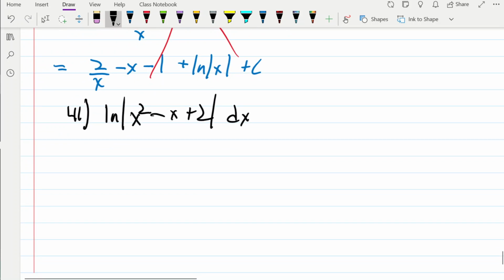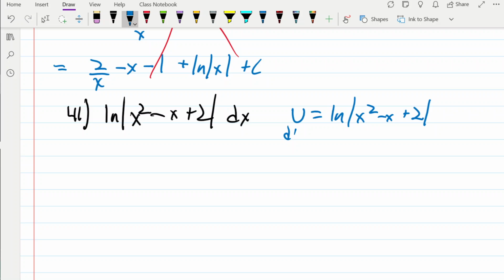So instead what I think is supposed to happen is we're going to set u equal to the ln of x squared minus x plus 2, and then we're going to set our du equal to the derivative of that. So what's the derivative of ln of x?